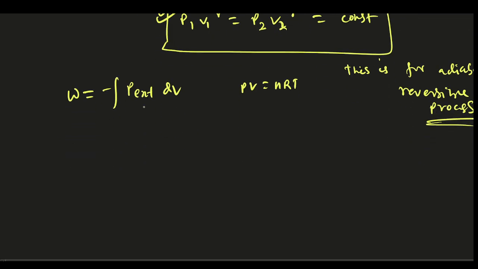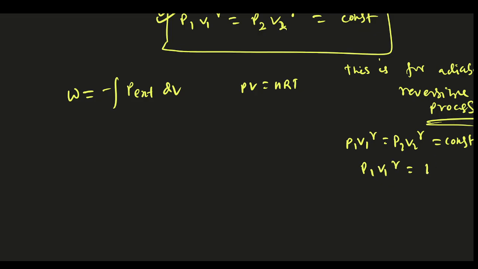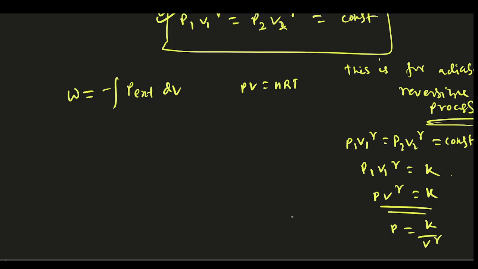So now we will do that P1 V1 gamma equal to P2 V2 gamma equal to constant. So I say PV gamma equal to constant, let's say it's K. So if I want P, then P equal to K by V gamma.